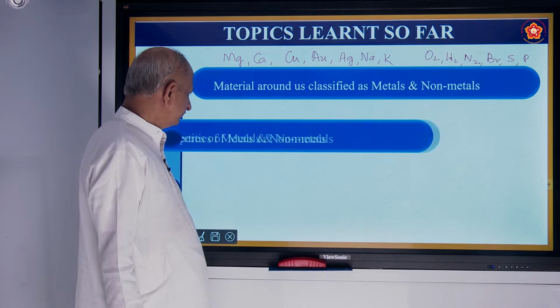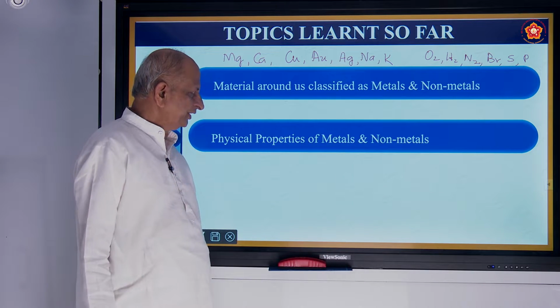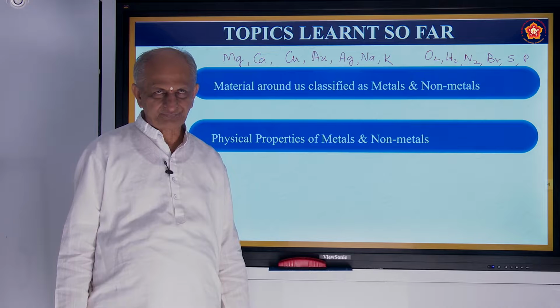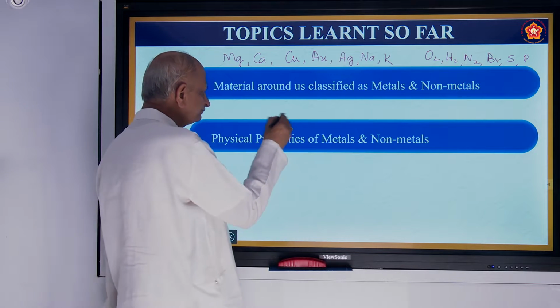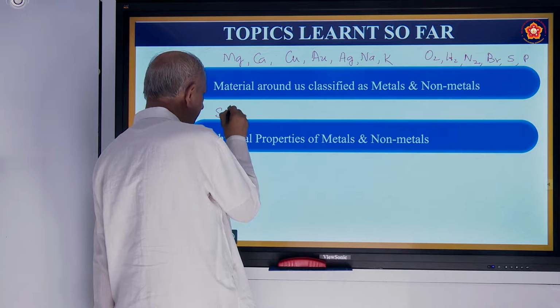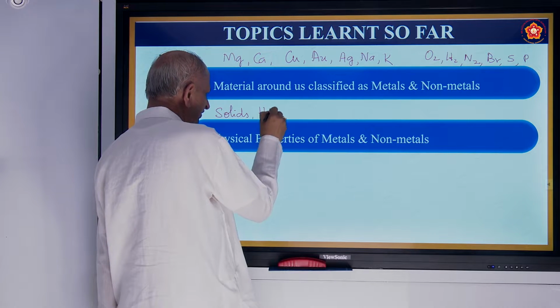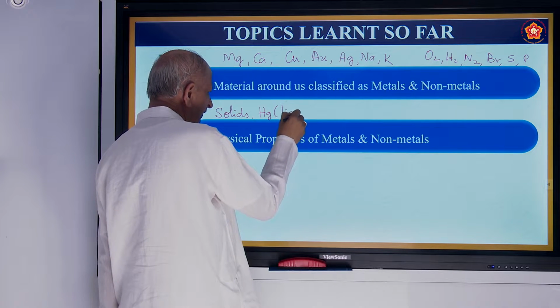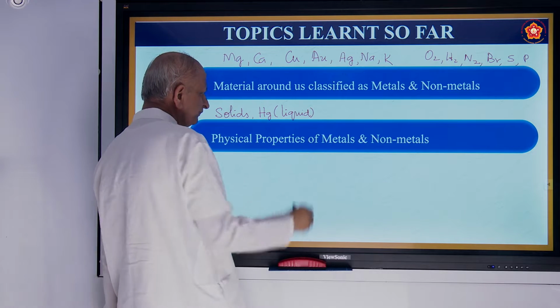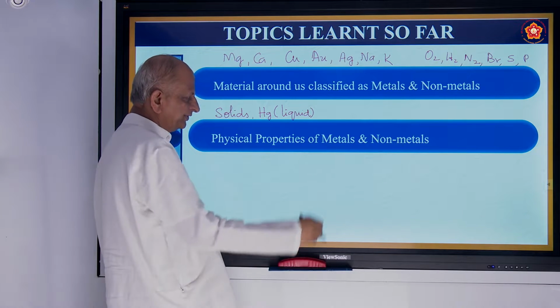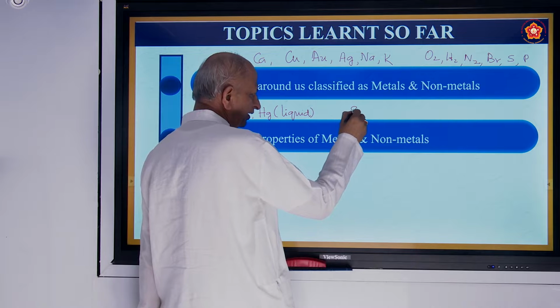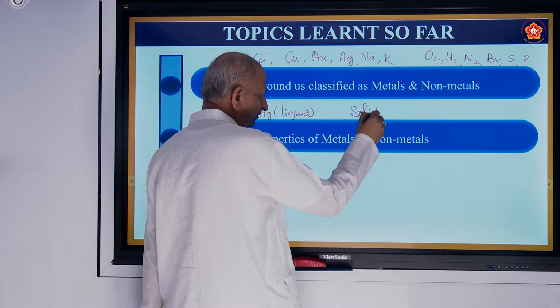So, also we have seen physical properties that most of the metals are solids except mercury. Mercury is a liquid metal. Whereas non-metals exist in three states of matter.